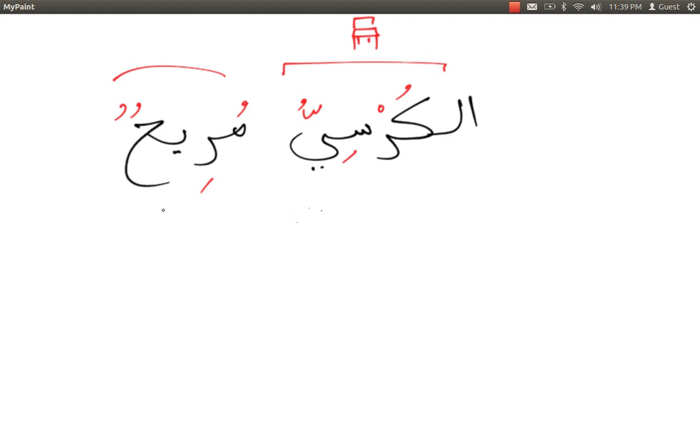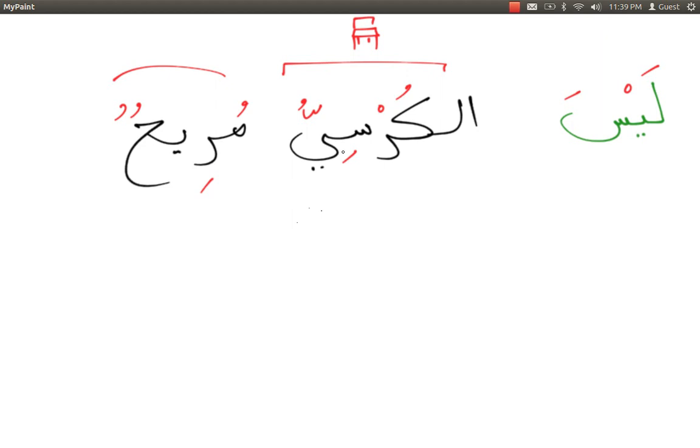Now, how do we negate that sentence and say no, the chair is not comfortable? To do that, we would add the word laysa in the beginning of the sentence. So the word laysa, and I use laysa because kursi is masculine.